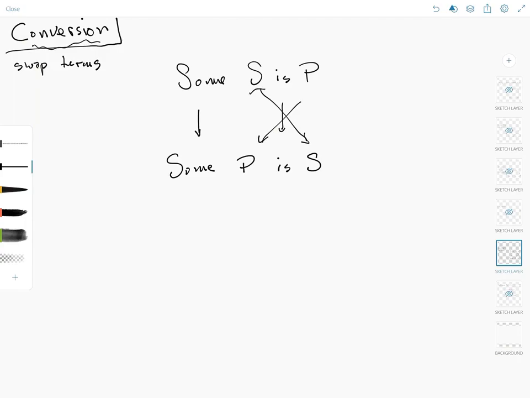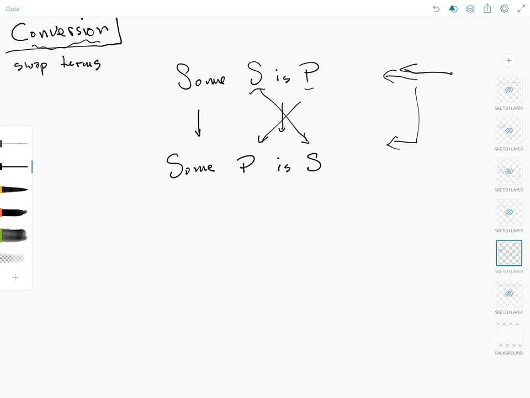So notice we have S in the subject position, P in the predicate position in the premise. That's the starting point. But when we go to the conclusion, P moves up to the subject position and S moves back to the predicate position. Now, notice one thing about this. There's nothing magical about S and P. In other words, S just stands for some category that happens to be in the subject position in this proposition, but it could be anywhere.